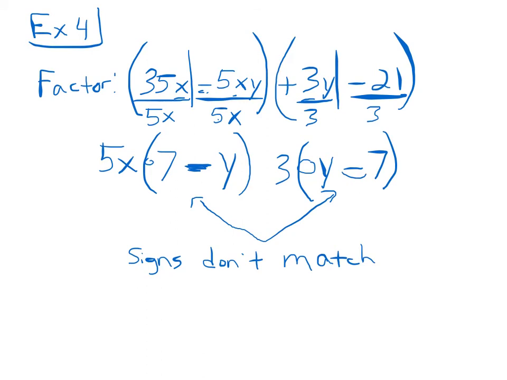Well, the answer to that is instead of dividing by a positive 3 here, we can instead divide by a negative 3. So we can divide this by negative 3 instead. Okay, so the signs don't match. So let's finish this out.